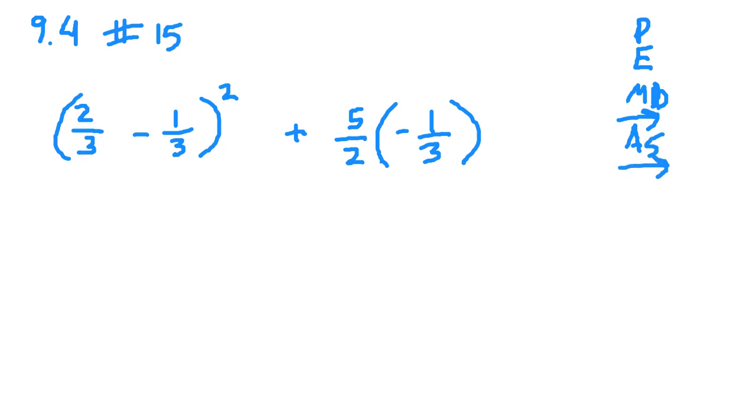So we have some parentheses with a subtraction in it, so we do that first. 2/3 minus 1/3. When you're subtracting fractions, you keep the same denominator, and you have to have the same denominator in order to do the operation, which we do. Our denominator is 3, and 2 minus 1 is 1. We subtract the numerators. So that's going to become 1/3 squared.